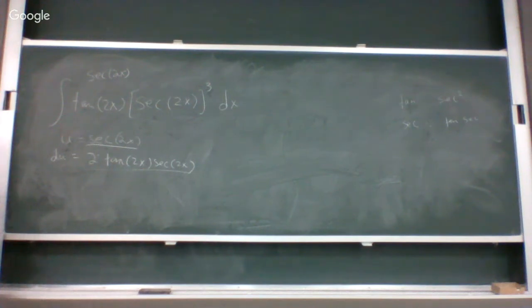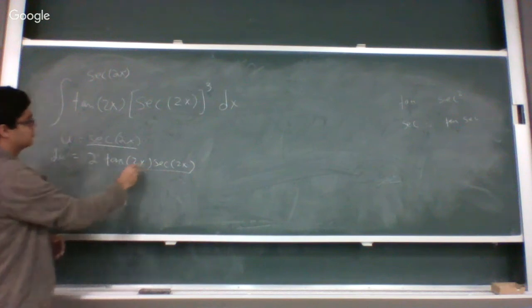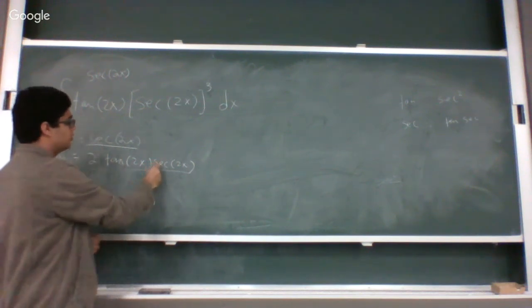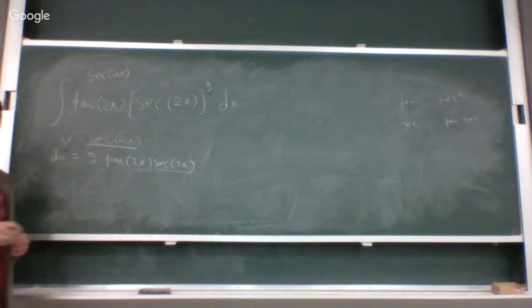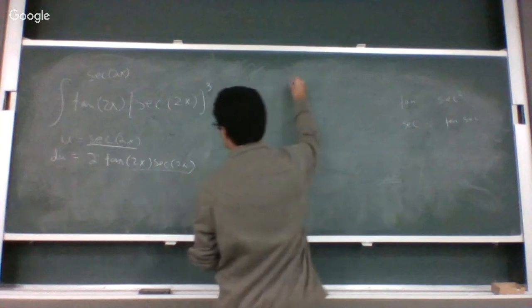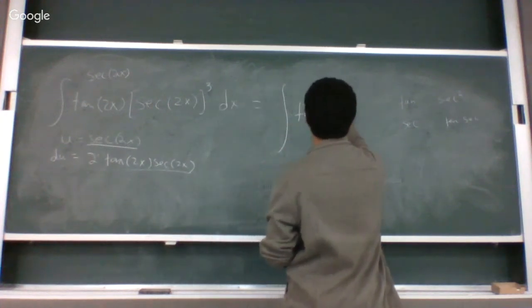Do we have a tangent in there? We do. So we have to multiply it by. Do we have a secant in there? Yeah. So we have a tangent of 2x.